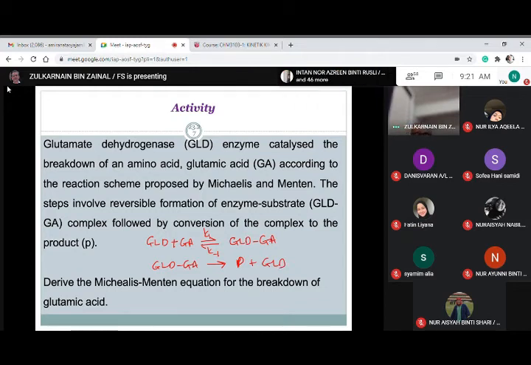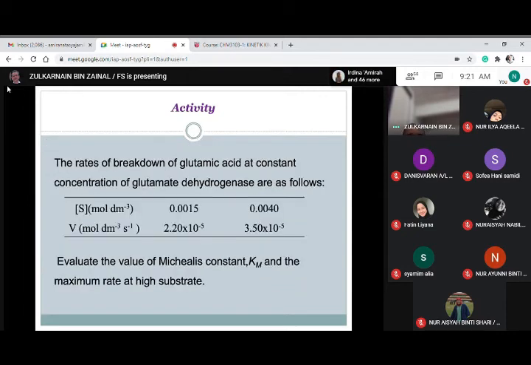Okay. So what you have to do is to derive the Michaelis-Menten equation from the breakdown of glutamic acid. I think that's not difficult for you. And the rate of breakdown of glutamic acid at constant concentration of glutamate dehydrogenase is as follows.